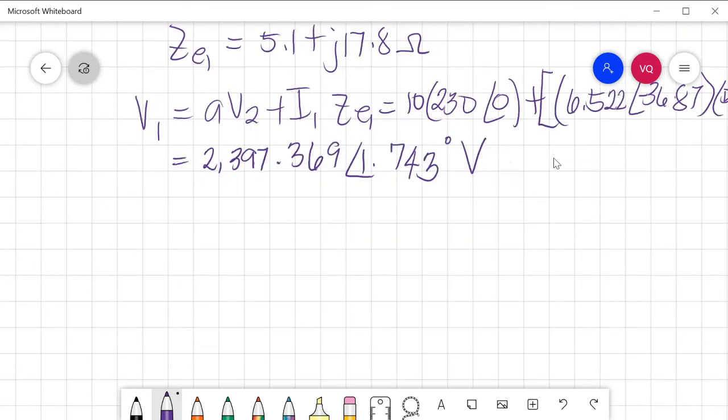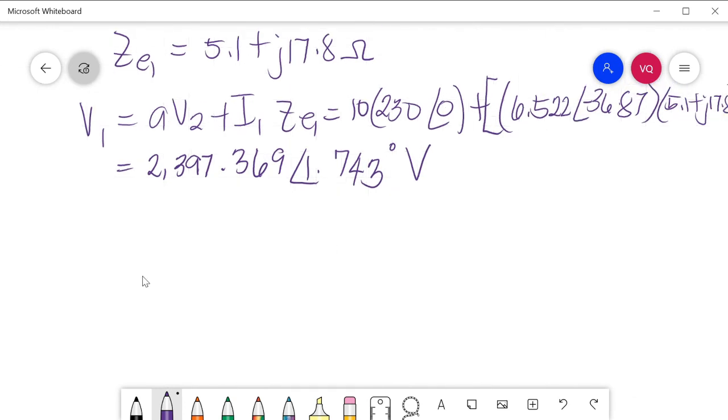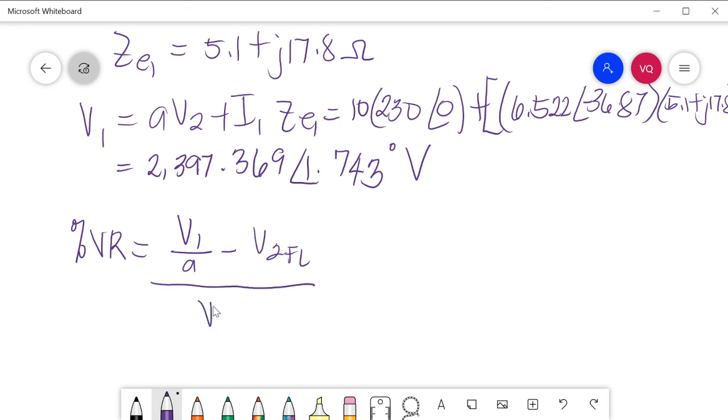Percent VR is equal to V1 over A minus V2 full load divided by V2 full load times 100.